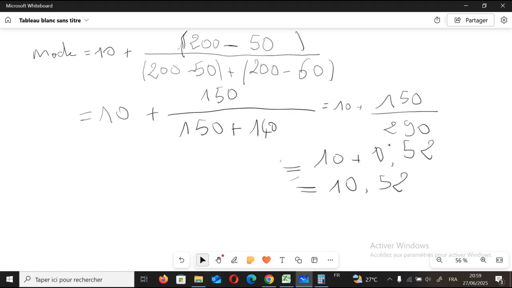That means approximately $10,520 is the most frequent salary of these employees.